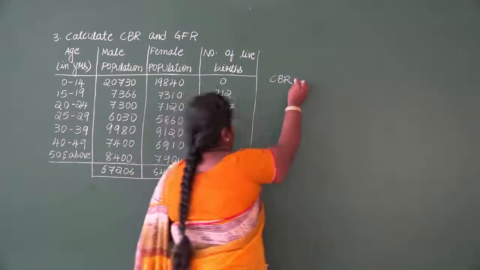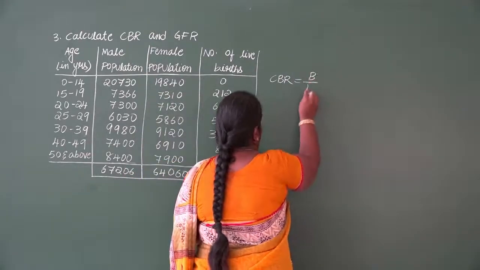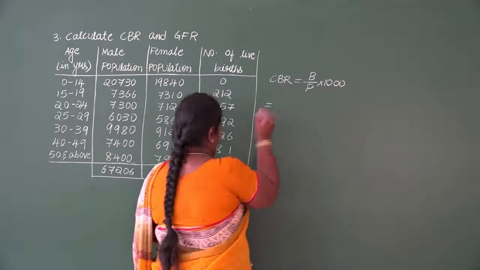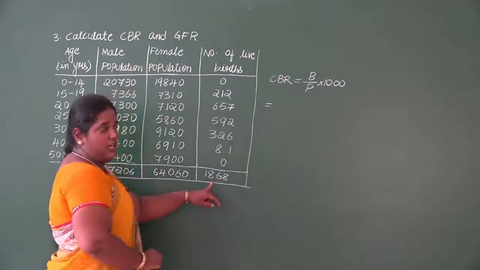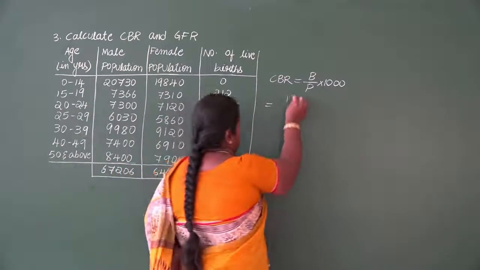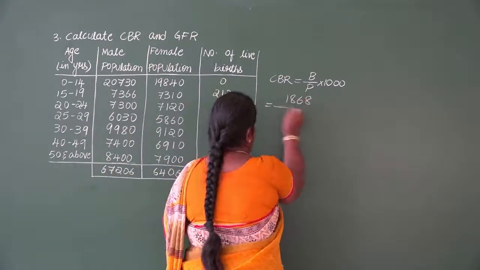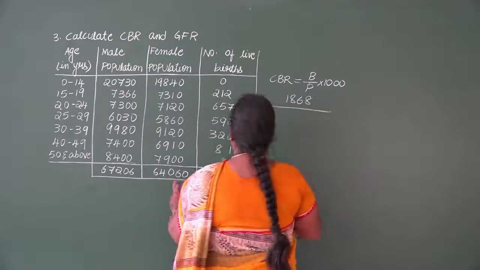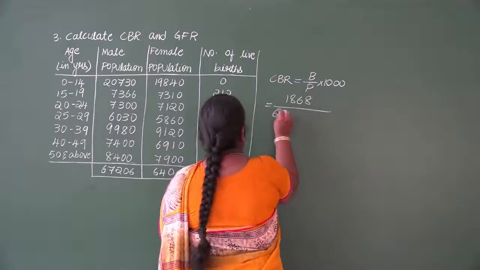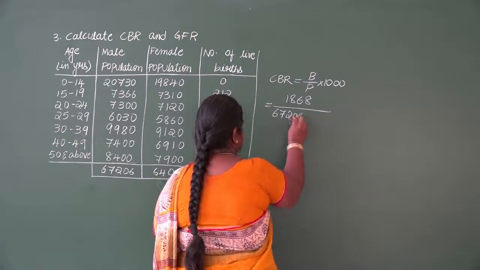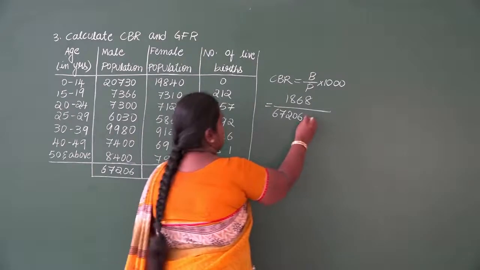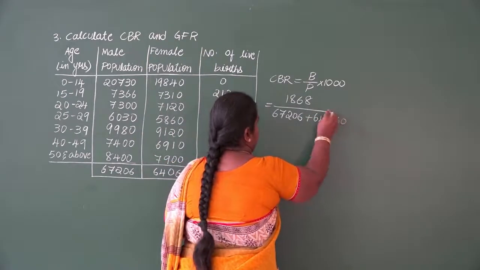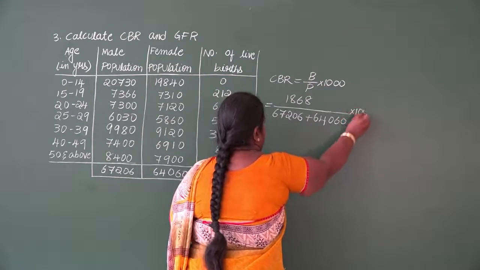CBR equals B divided by P into 1000. The B value is 1,868, divided by the male population plus the female population, 67,206 plus 64,060, into 1000.